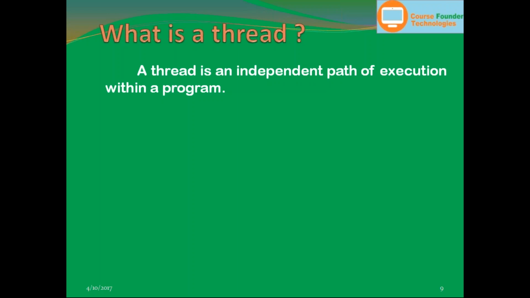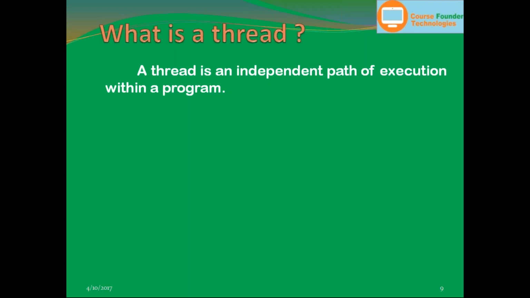And thread can be found throughout any operating system, correct? Not only one, any operating system. If you take your Mac also, you can open so many applications, correct? Meaning each application is one thread, so each application can run independently, because finally your operating system is a multi-thread environment.